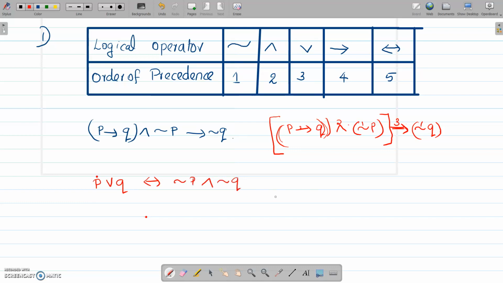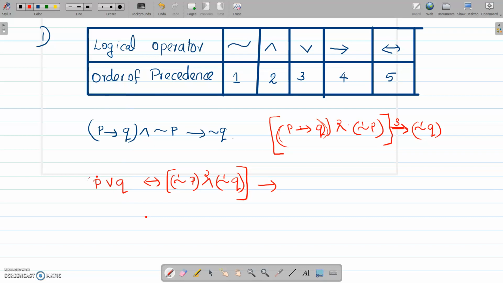How can we change this? Actually, the first preference is this one. After that, the AND operator we have to consider. This is the first priority. The second one is this one, so we have to put a square bracket here.